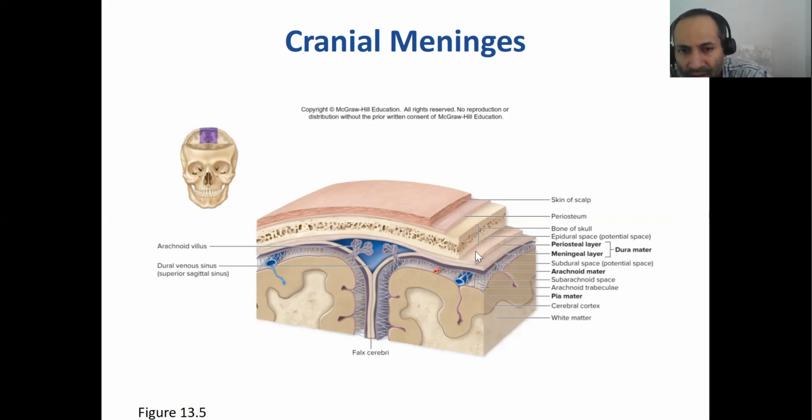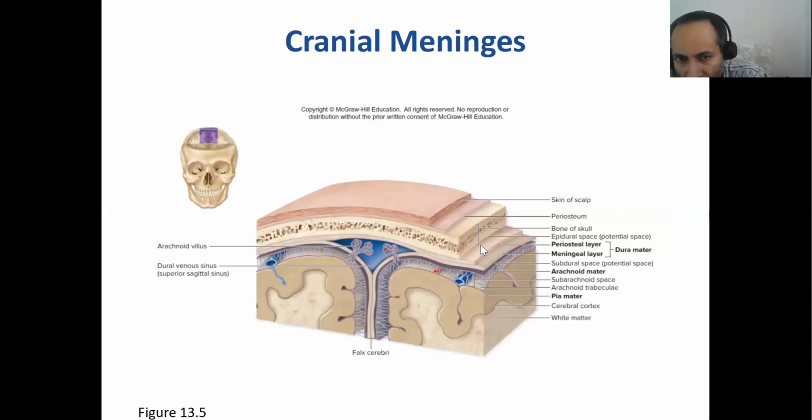So these blood vessels in this area rupture, and the blood can accumulate either here in the epidural space, or here in the subdural space, or down here in the subarachnoid space. Those are all possible. Which one is most dangerous? Epidural hematoma, which is a blood clot or collection of blood, a subdural hematoma, or a subarachnoid hematoma? The answer is epidural hematoma.